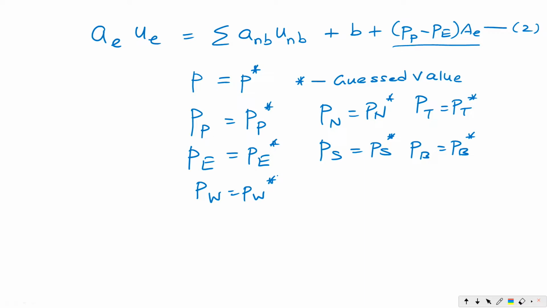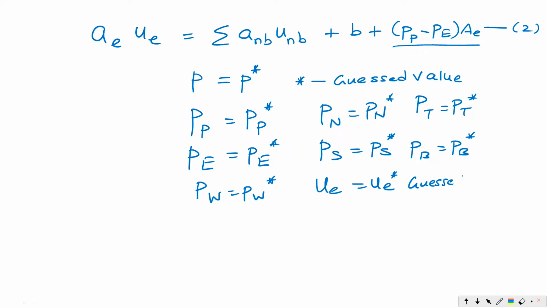Since we are guessing the pressure values, the corresponding velocities we obtain from these equations will be the guessed velocities. With PP star and PE star, can I get UE? No, I can get only UE star. So UE will become UE star. What is UE star? Guessed velocity.